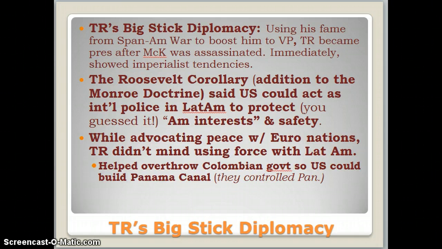He doesn't actually, just so we're clear, use force himself. He just sends U.S. forces, a naval fleet, off the coast of Colombia and points their guns at a bunch of Colombian government buildings, and basically says, "Hi, see us?"